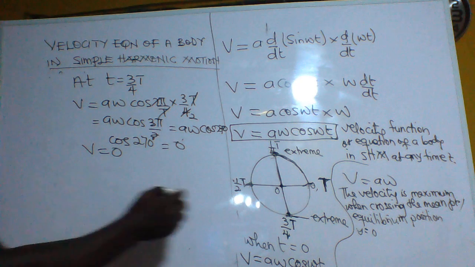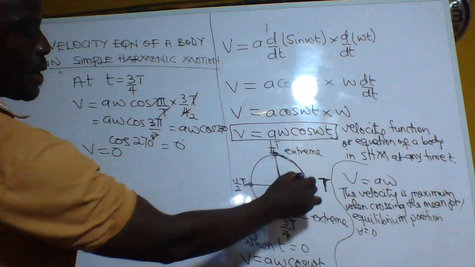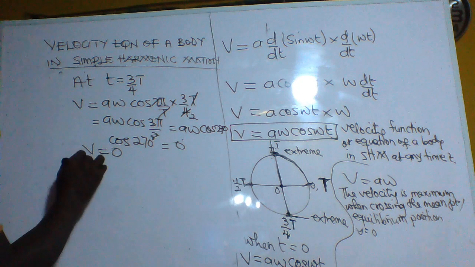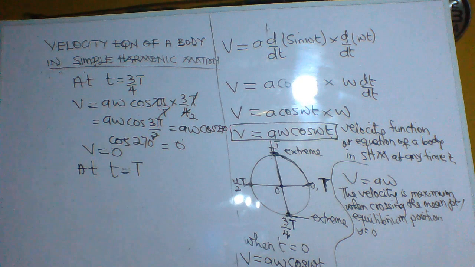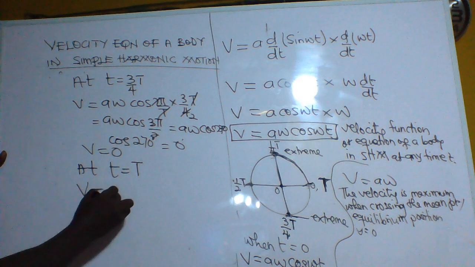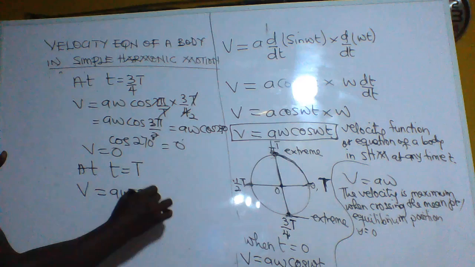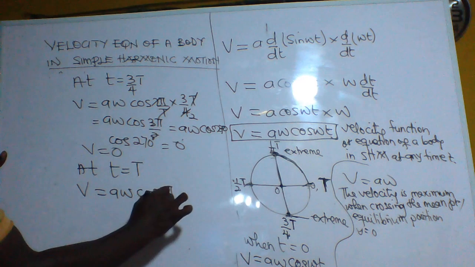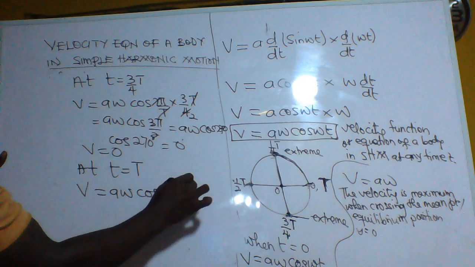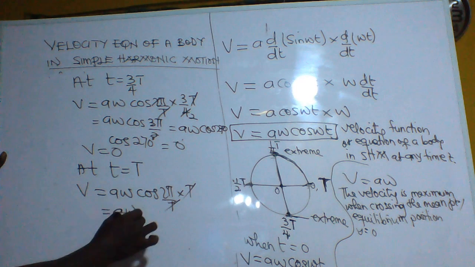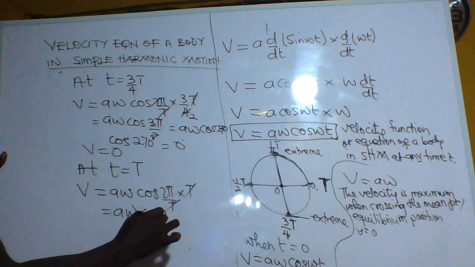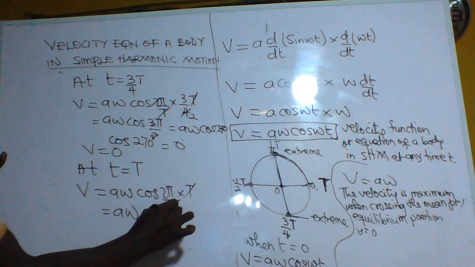Now, when it comes back at t is equal to the time period, big T, velocity is equal to a omega cos of 2 pi on T times T. So we have a omega cos of 360.